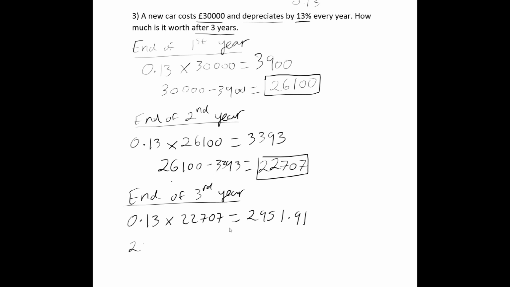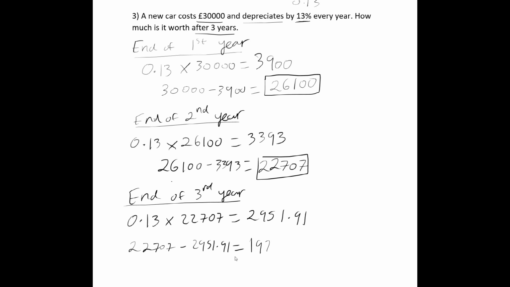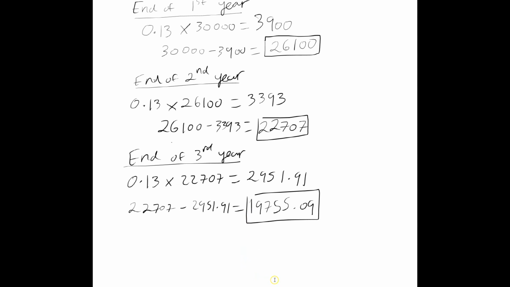Then I need to subtract this from 22,707. Giving me £19,755.09. And that is what it is worth after 3 years. So we're now finished. That's the end of the depreciation period that I'm interested in. So my final value is £19,755.09.